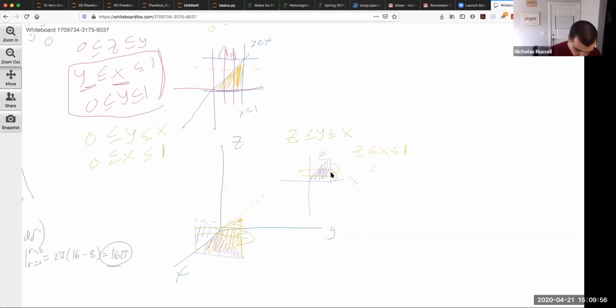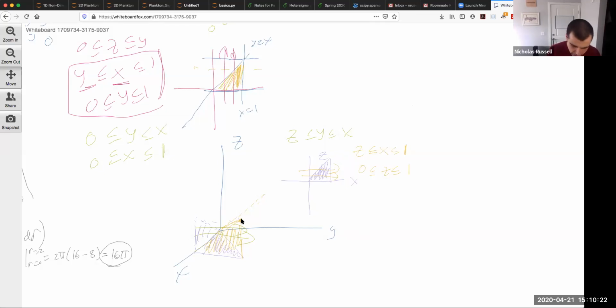Then my z components are between 0 and 1, because the highest point this can be is 1. The reason is that this plane is z equal to y, and this top point is y equal to 1, so z has to be equal to 1. So z runs from 0 to 1.